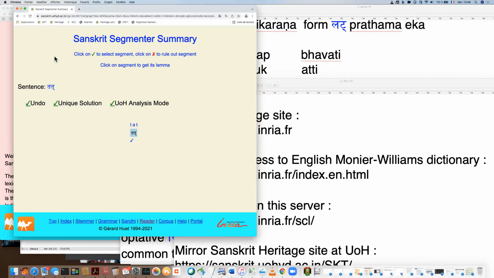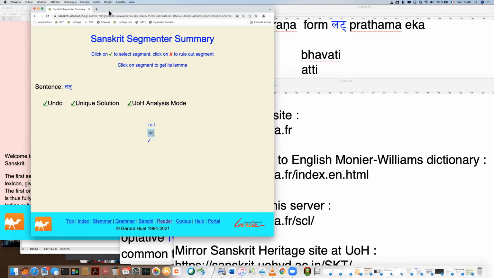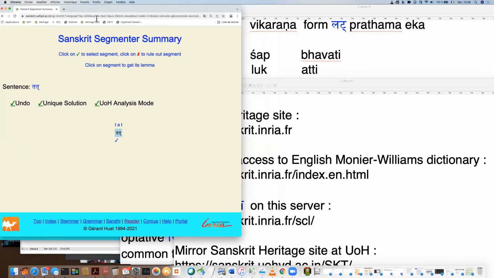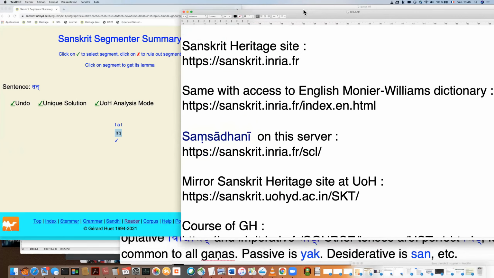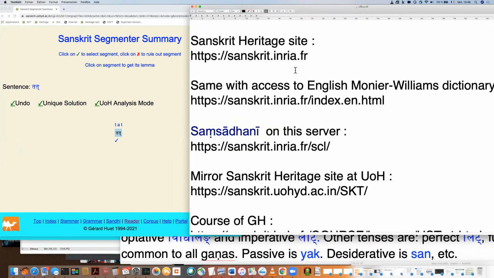That link we have given to you. Similarly to the way you enter Samsaadhanii, here you have to enter some other website. You need to remember that URL and you can bookmark it.